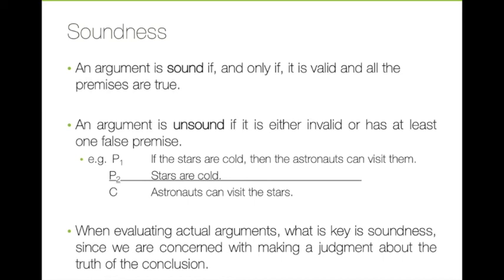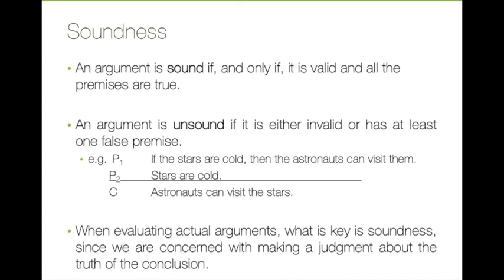All invalid arguments, though, will be unsound. And that will be the case even if all the statements that make them up happen to be true. Because for invalid arguments, it just has to be possible for the premises to be true and the conclusion to be false.